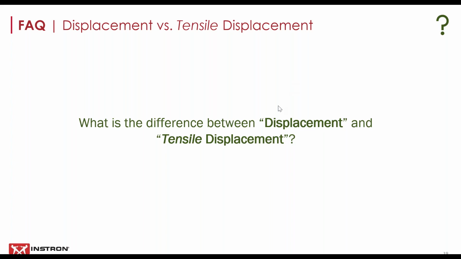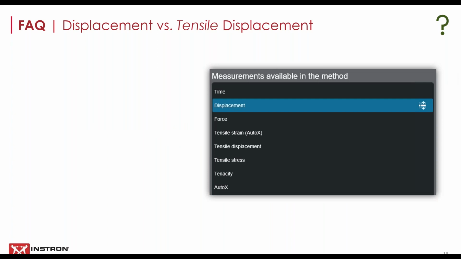This is different from tensile displacement, which is linked to your strain source. If your test method uses an extensometer to measure strain, this is the displacement that the extensometer is measuring. With an extensometer as the strain source, there is no link to the crosshead position.